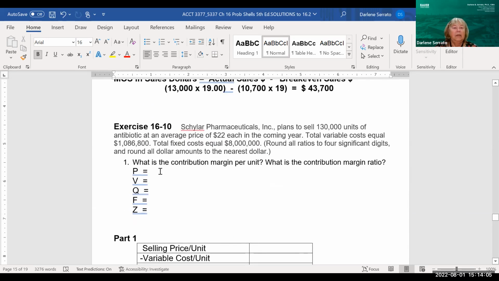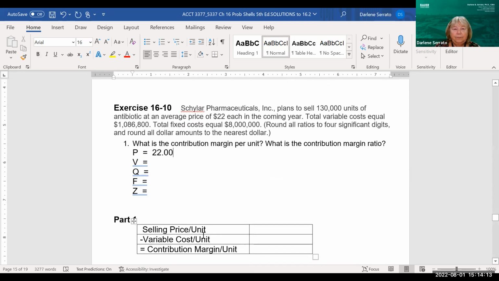Okay, 1610. P is 22. V is per unit. Going to have to calculate 1,086,800.